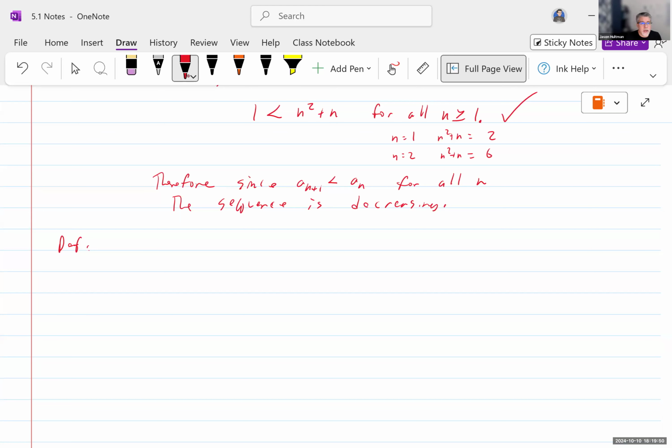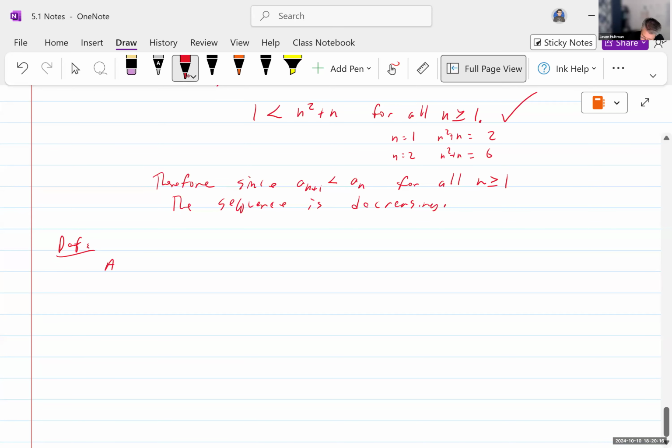So we're just saying that n can't be negative in this case. Oh, okay, I understand. Those are indexes. For all n greater than or equal to 1, the sequence is decreasing. It's just a condition on what the n was, because it is a sequence.